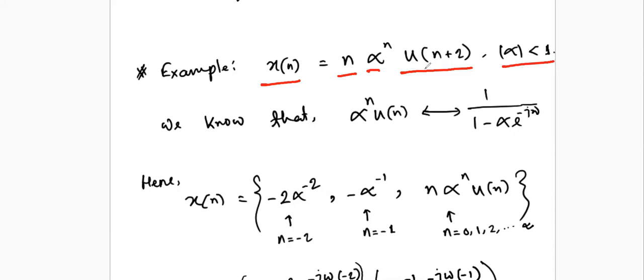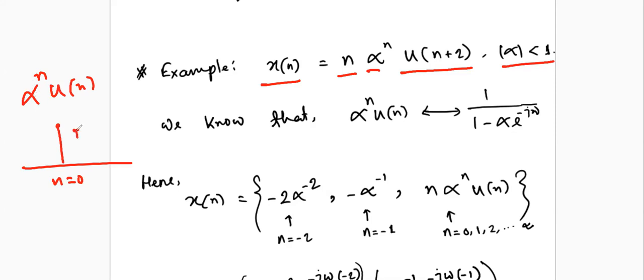This is, of course, a unit step function, but it starts from the location n equals -2. If I have alpha to the power n u[n], it starts at the location n equals 0.